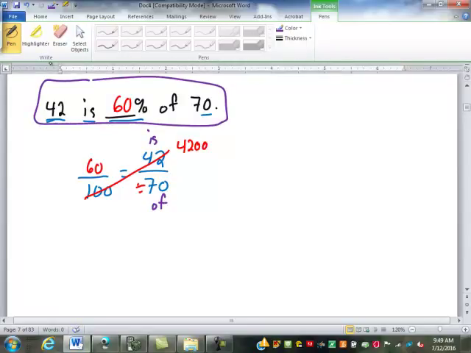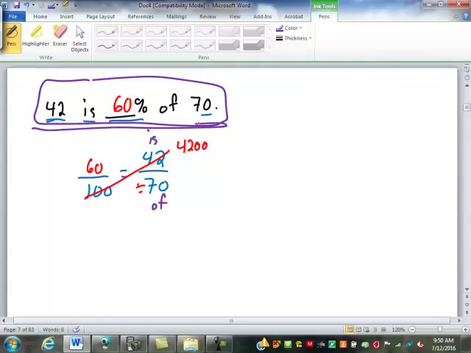The is goes on top, the of on bottom, and then the other fraction is your percent, your number over 100. The problem is when you get into more complex word problems, the is and the of are not always used the same way. That only applies to base number sentences like this.